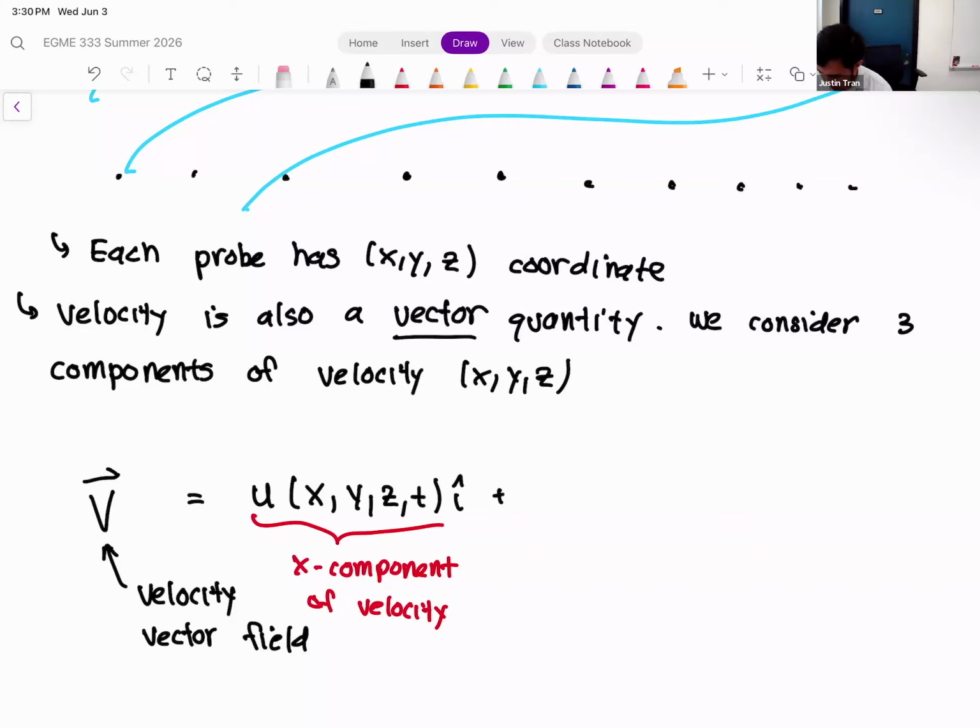Plus the y component of velocity, so that's v of x, y, z, and time, j hat. So this v right here is the y component of velocity.